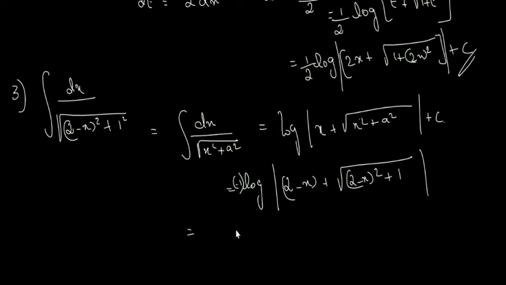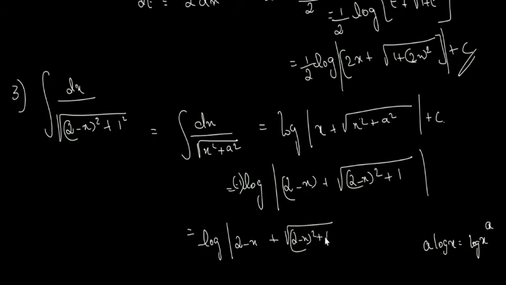So that we can write it as the minus, you can apply the rule. You know that a log x can be written as log x power a, isn't it? The power can be taken here. So this is equal to log modulus of 2 minus x plus root of 2 minus x the whole square plus 1, the whole power minus 1.